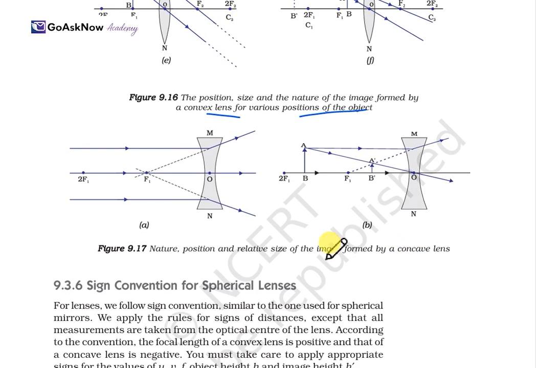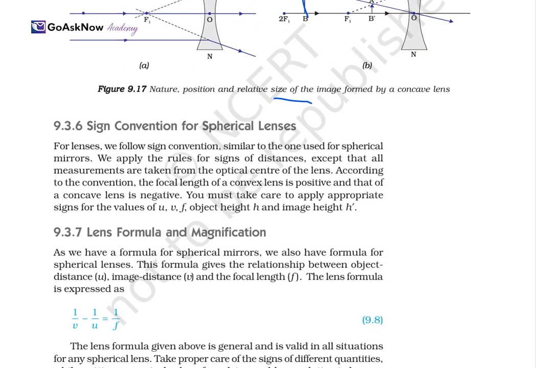Now the convex lens: here we have principal focus F1 and F2, and at the lens, O is the center. When incident rays are parallel, they will go like this. And when an incident ray from A makes an angle and passes through the center O, this is the nature, position and relative size of the image formed. So this is about the formation of images through different lenses, concave and convex.